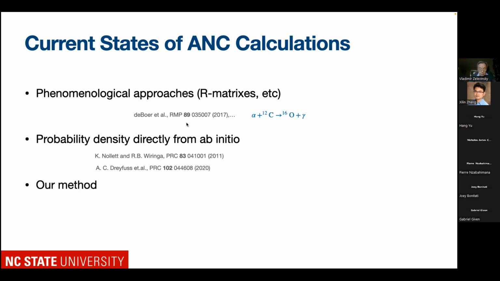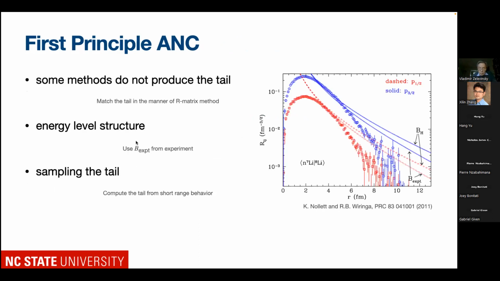And this is a review paper that talks about how to do this for the alpha and carbon-12 capture reactions. And for the probability densities, I know a little bit more. In the first principle calculation, the probability densities method is facing some important challenges. These are three major ones. The first one is that some methods do not produce the tail.